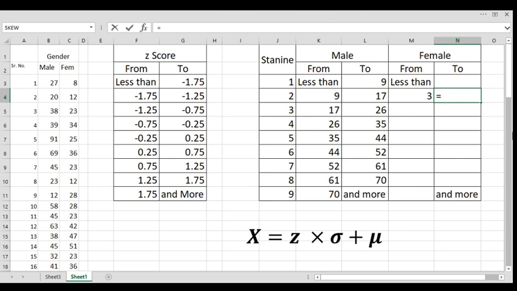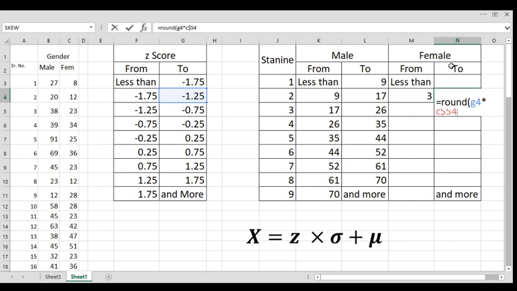So first we write here round, then in bracket Z is there, minus 1.25, that is written in G4, so we write here G4. Then this is to be multiplied by SD. SD is found in C54. So after putting an asterisk sign here, we write C54, $54 because we have to freeze it.